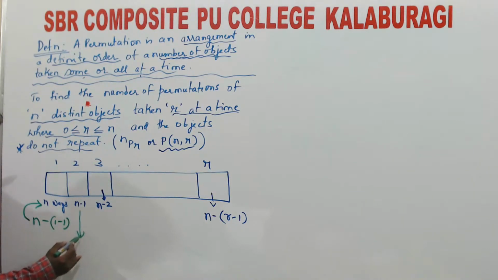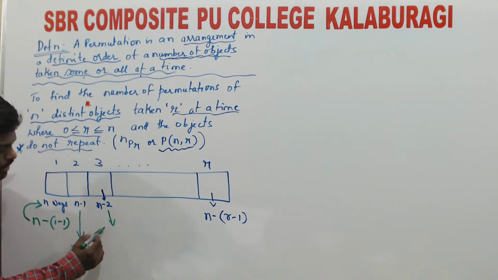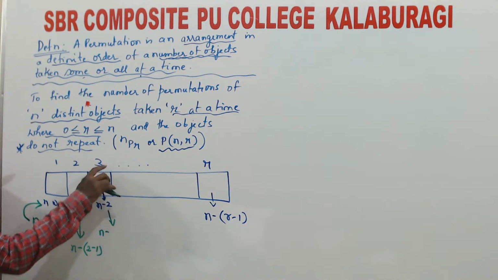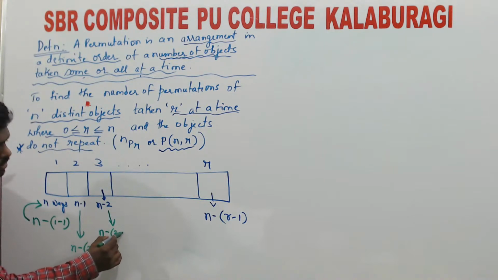And to fill the second one, can I write it as n minus of 2 minus 1? Right? So 2 minus 1 is nothing but 1. So n minus 1. The third box, 3 minus 1.